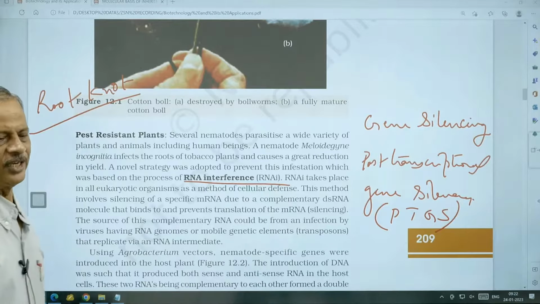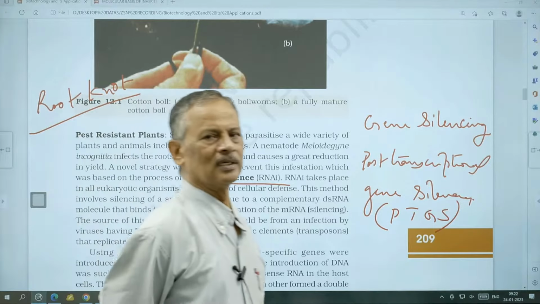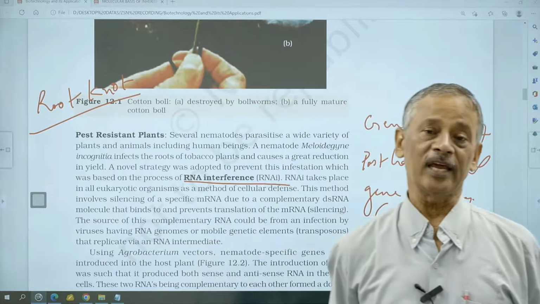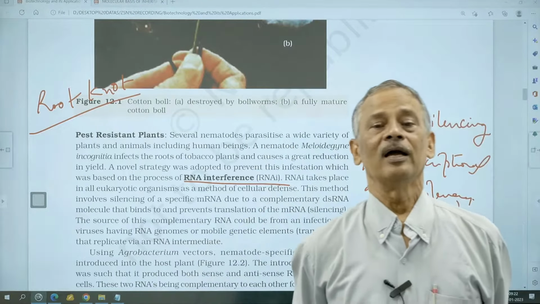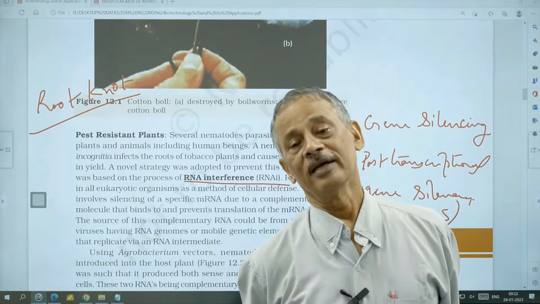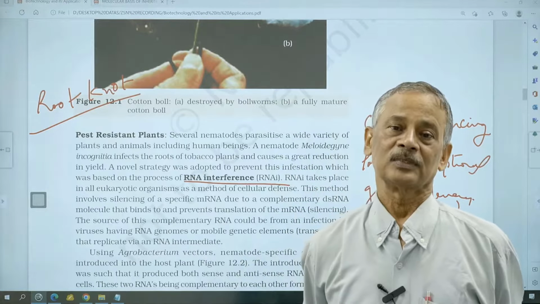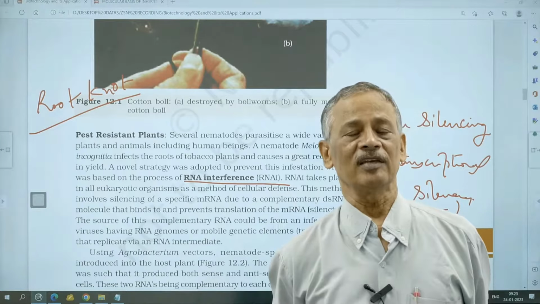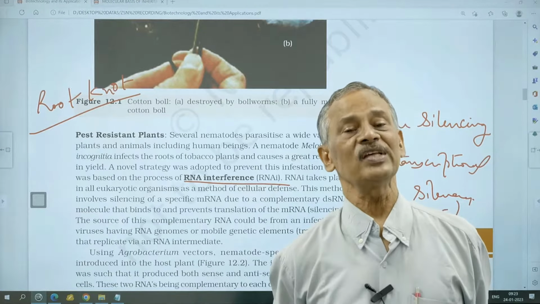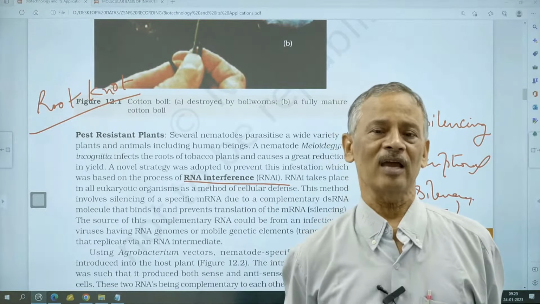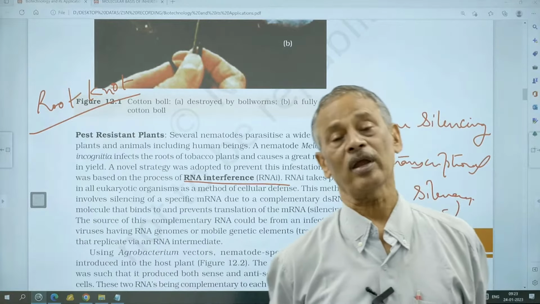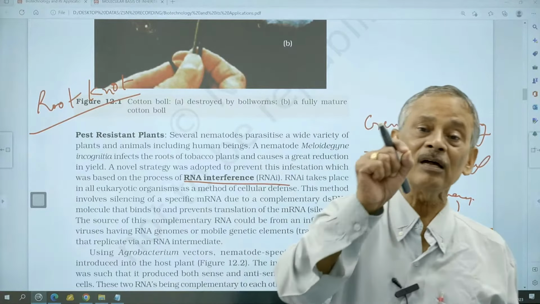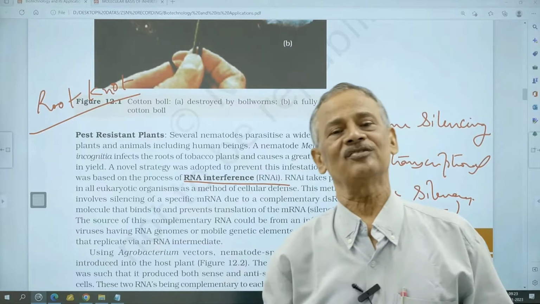What is the technique? The technique was invented in the 1990s. This is a mechanism that we came to know only recently. Eukaryotes also have an intracellular defense mechanism.